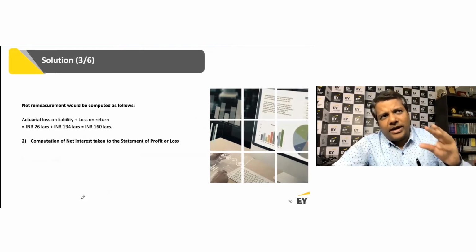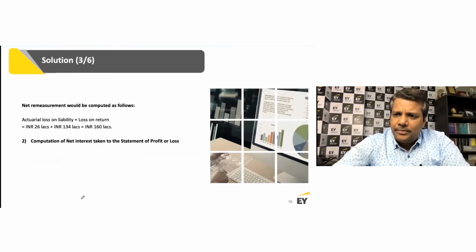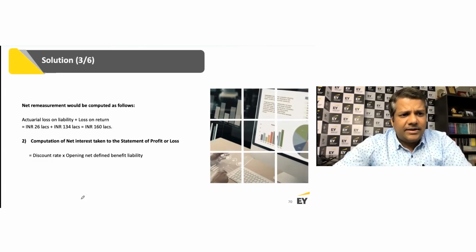So I'm going to look at what was my interest obligation on my benefit liability, and what is supposed to be the interest earned on my plan asset, right? So discount rate into opening, which is 8%, and the difference between the two, 2800 minus 2280, is 42 lakhs, right?